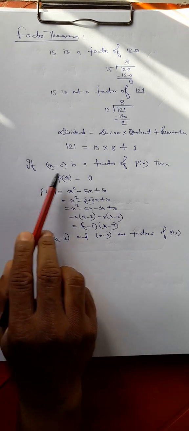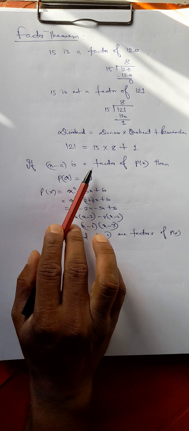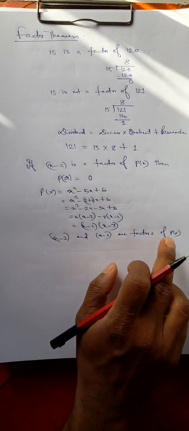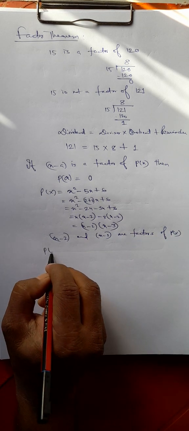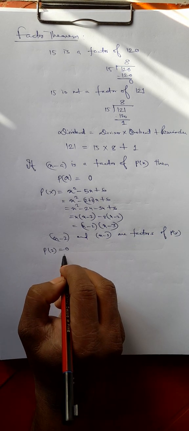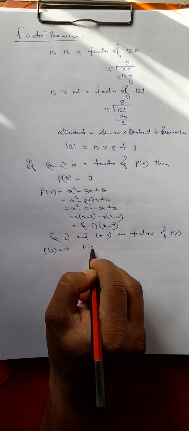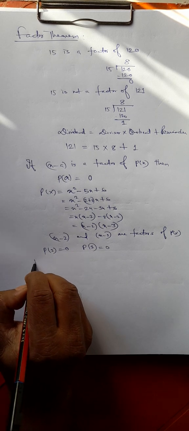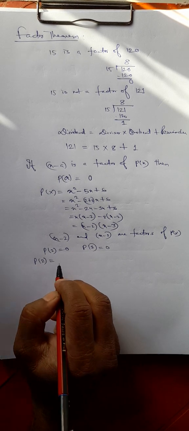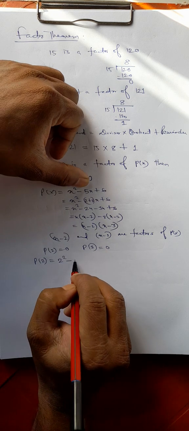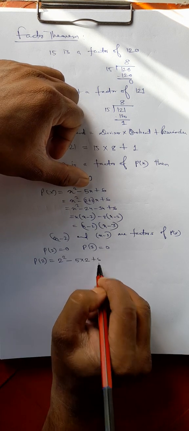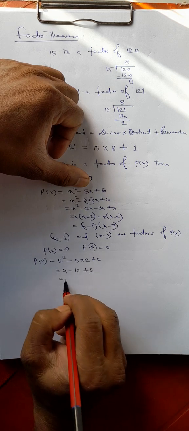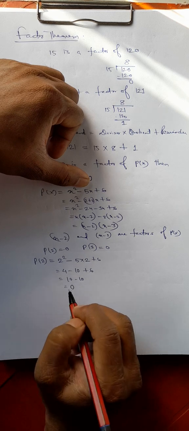Now by the factor theorem, if x minus a is a factor of p(x), p(a) equal to 0. Now x minus 2 is a factor of p(x), that means p(2) equal to 0, and p(3) equal to 0, right? Now let's check what is p(2). p(2) means 2 square minus 5 into 2 plus 6, 4 minus 10 plus 6, 10 minus 10 equal to 0.